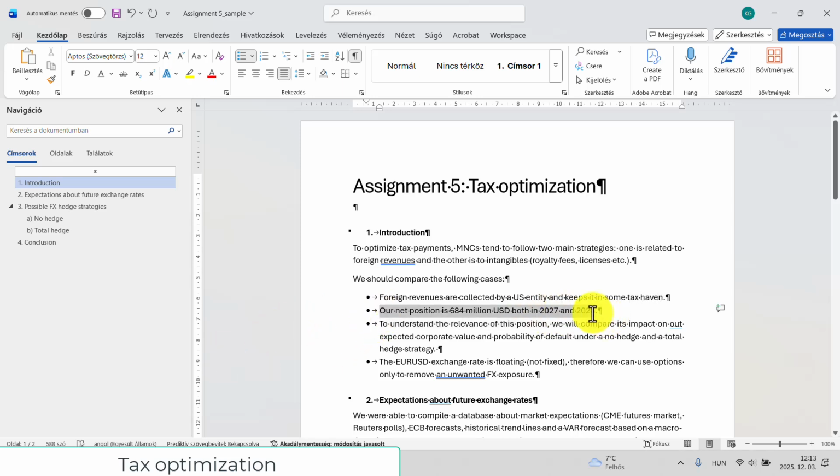Or the intellectual property rights, or some of them, will be outsourced to another company. So, IPs.